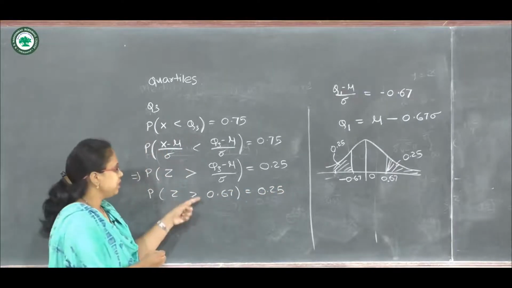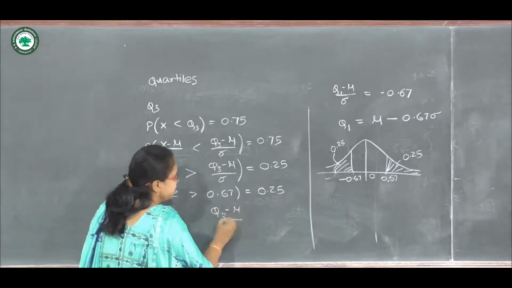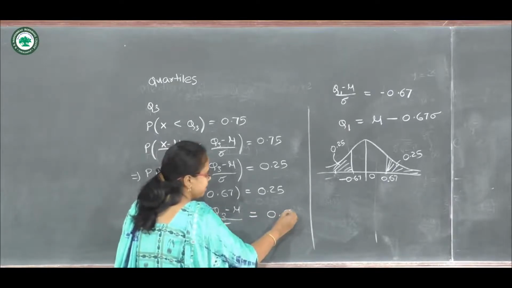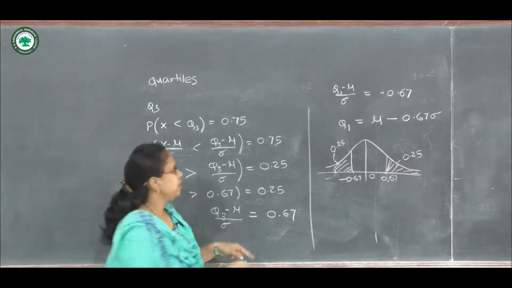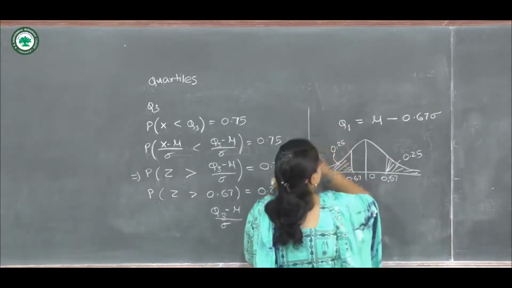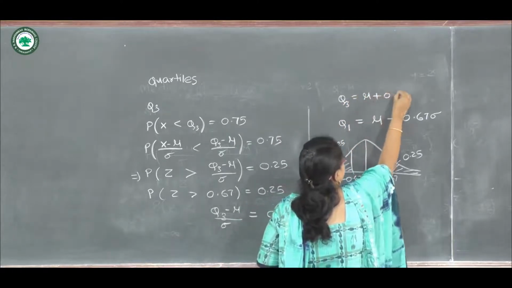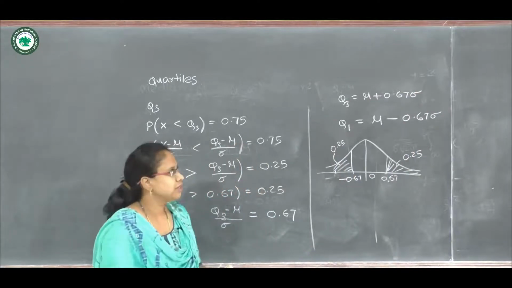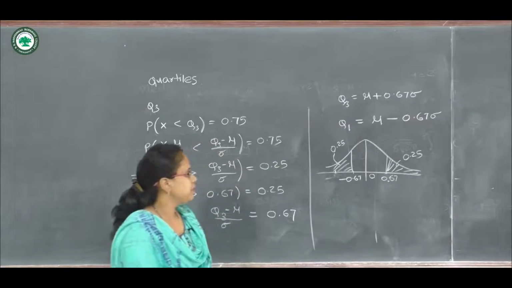Observing these two equations, I can compare: Q3 minus mu upon sigma will be equal to 0.67. By solving this equation, we will get Q3 equals mu plus 0.67 sigma. So we have obtained the two quartiles Q1 and Q3 for normal distribution.